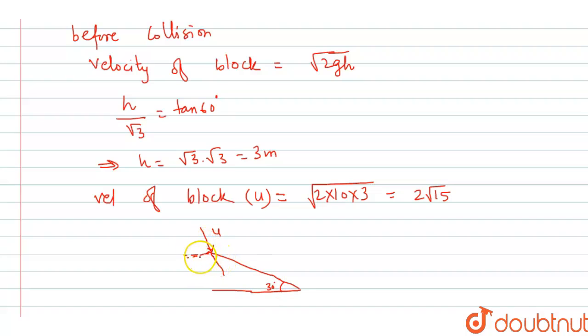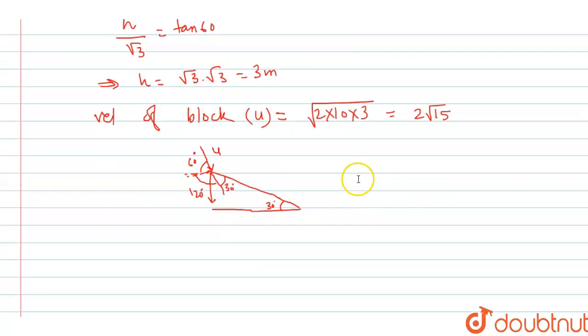This is 60 and this is a straight line, so this should be 120. This is the direction and this is vertical, and since this is 30, this will also be 30°.